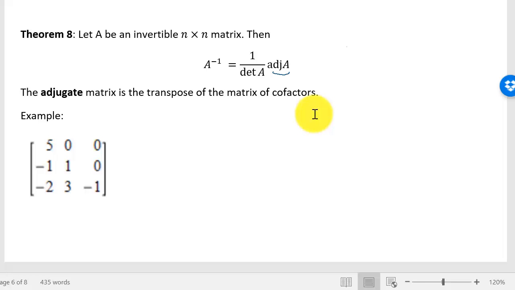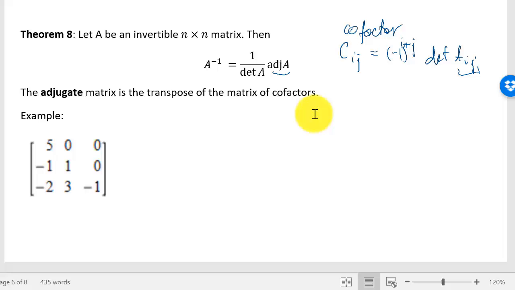Now, if you remember what a cofactor was, a cofactor is C sub ij, and this is equal to the sign of the position in the matrix, so the i and jth position, you add them up and it's positive or negative depending on where you are in the matrix, times the determinant of A sub ij, which is a smaller matrix when you cross out the ith row and the jth column.